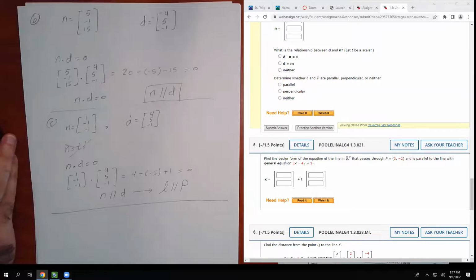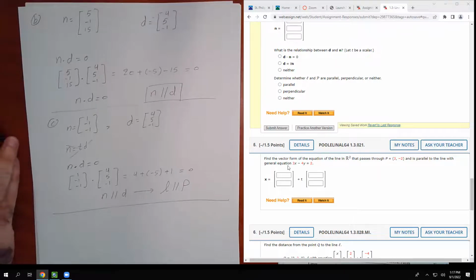Find a vector form of the equation of the line in R2 that passes through this point and is parallel to the line, this one. So if you look at this one, the vector form.